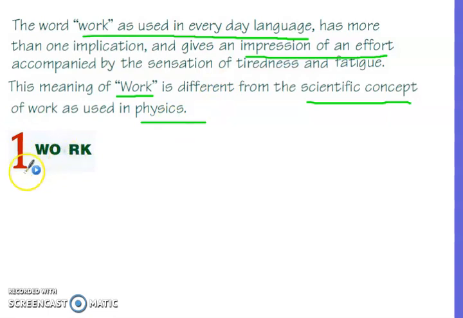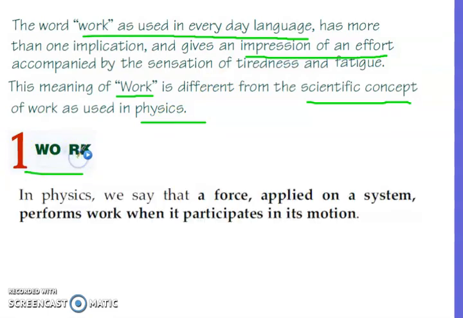So work. In physics, we say that a force applied on a system, which could be a body or a group of bodies, performs work when it participates in its motion.